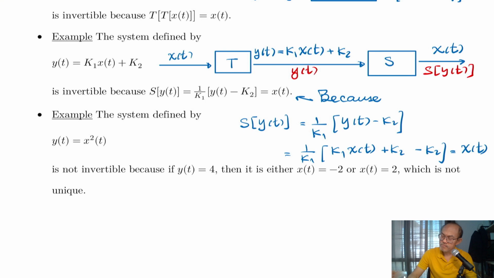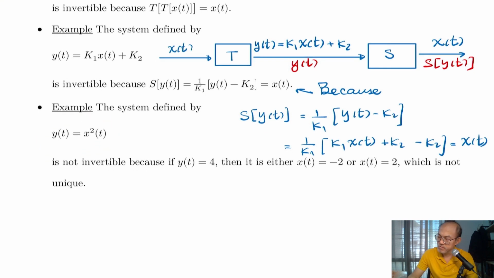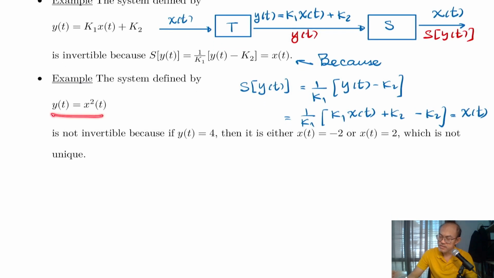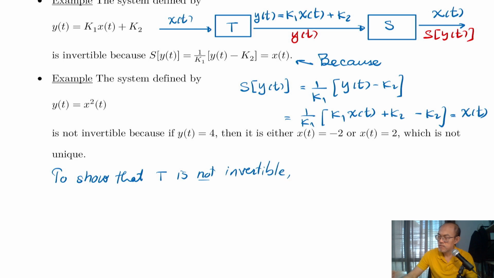Now, another system is defined by y = x squared. This system is not invertible. To show that a system is not invertible, you can give a counterexample, as usual.